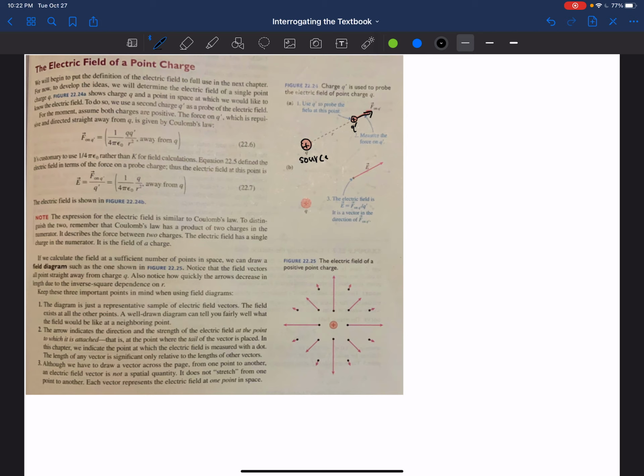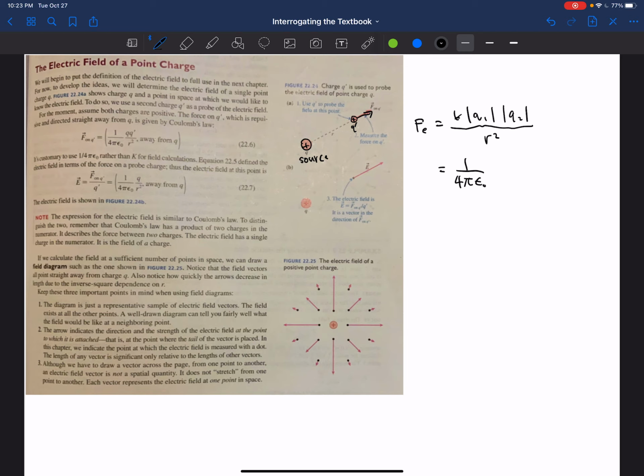And based on Coulomb's law, electrostatic force equals k Q1 Q2 over r squared. So we learned in the last section that when dealing with electric field, we can replace the k with 1 over 4 pi epsilon 0.